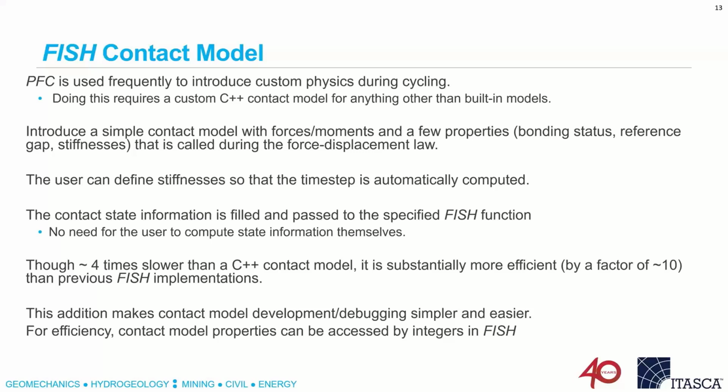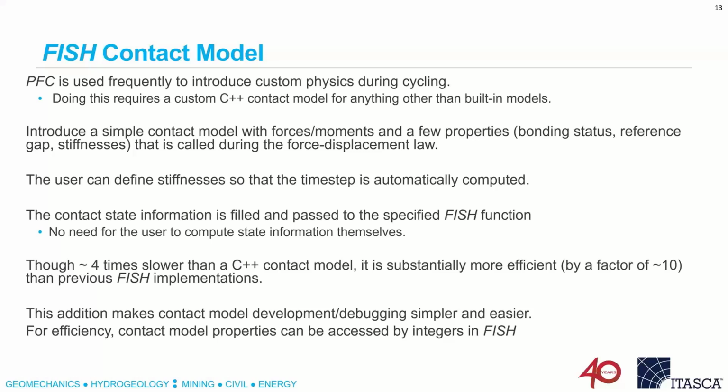So in PFC7, we introduce a new simple contact model in FISH. You can even implement a FISH function that will compute the force displacement law that you want and plug it in the PFC cycle sequence. The user can also define stiffnesses to plug in the automatic time step computation logic in PFC.